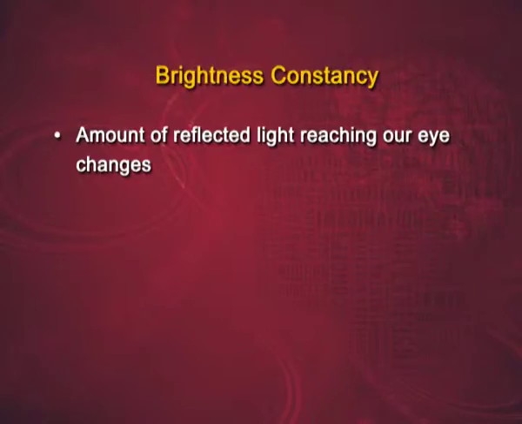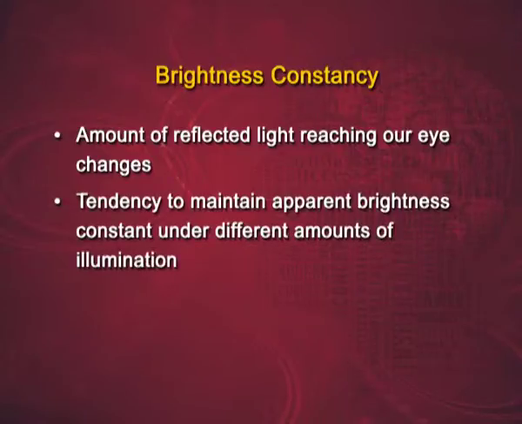The amount of reflected light reaching our eye changes, yet the tendency to maintain apparent brightness constant at the different amounts of illumination is what we call brightness constancy. Even with changing levels of illumination or brightness, the colors perceived are similar.